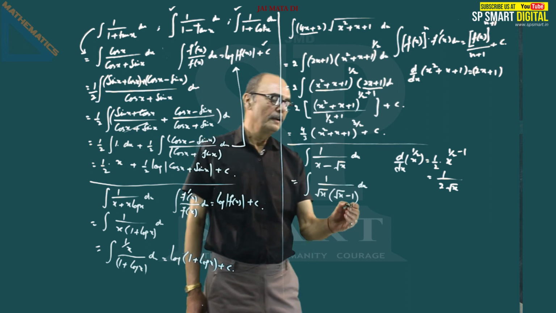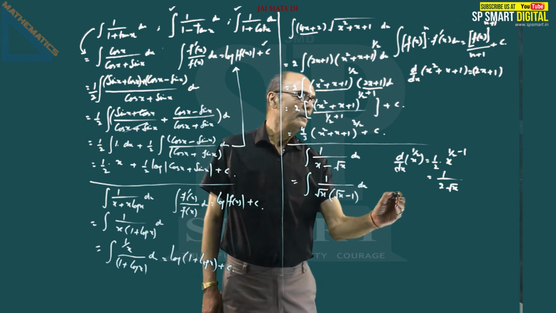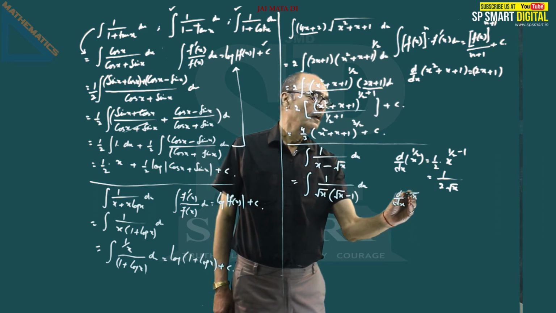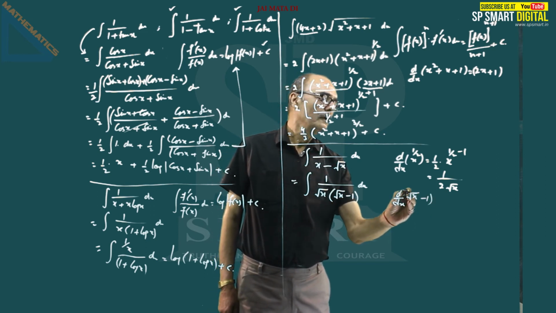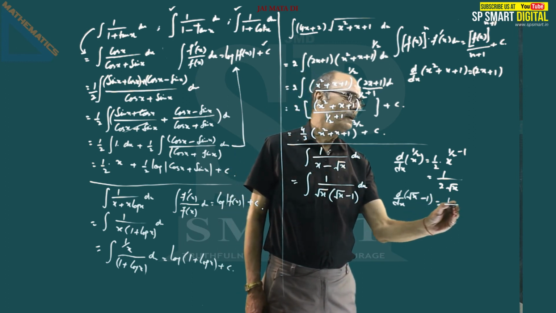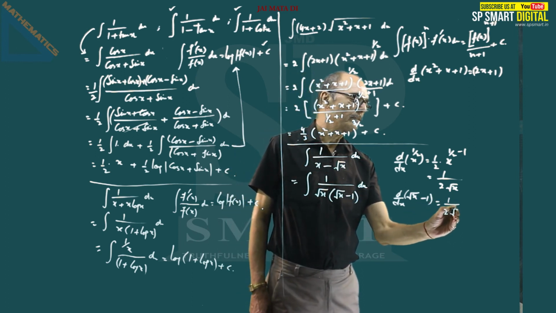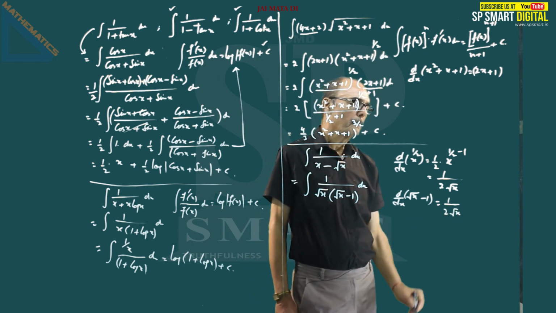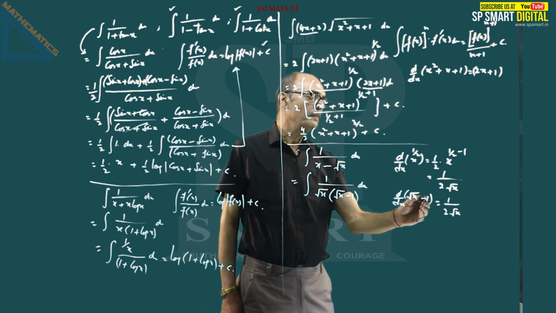Now, here derivative d upon dx of root x minus 1 is 1 upon 2 root x, where derivative of minus 1 is 0.